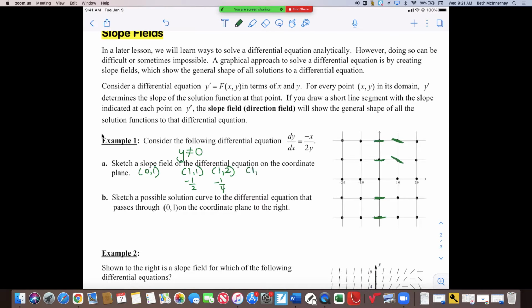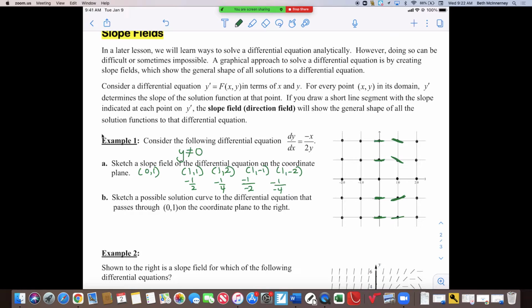Then let's do 1 comma negative 1. So that's negative 1 over negative 2. Oh, so do you see this is going to flip and be positive 1/2. And then if I do 1 comma negative 2, that's negative 1 over negative 4. So that's still positive but flatter. So I'm going to pause a moment, and I want to give you a minute or two head start on me, and I want you to try to fill in your other dots.